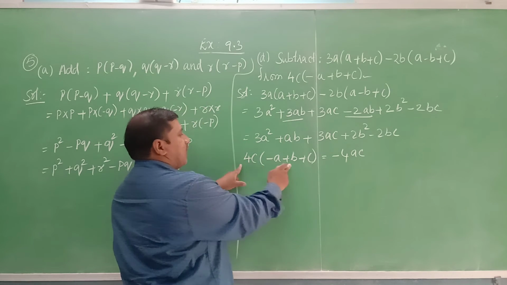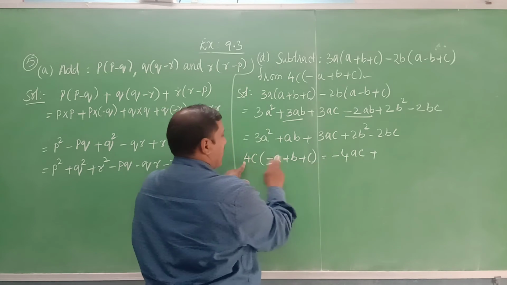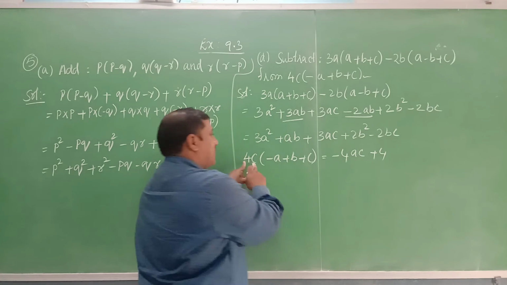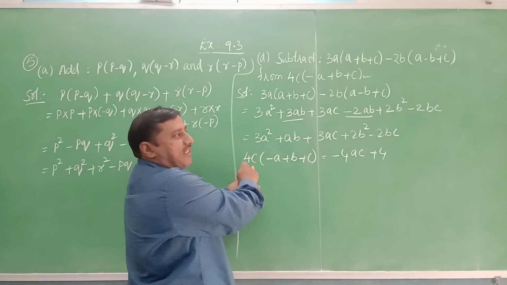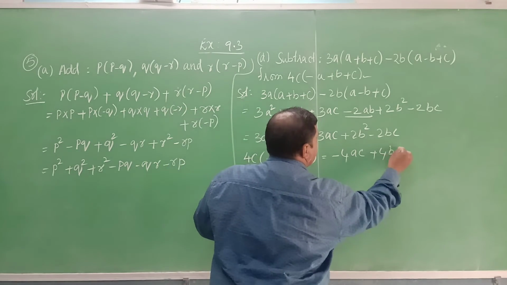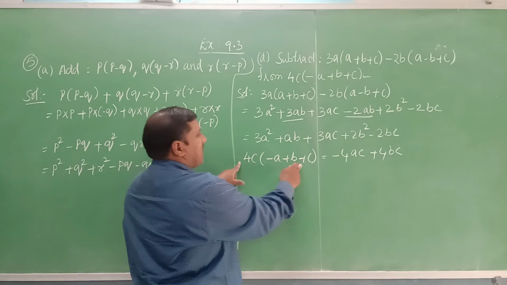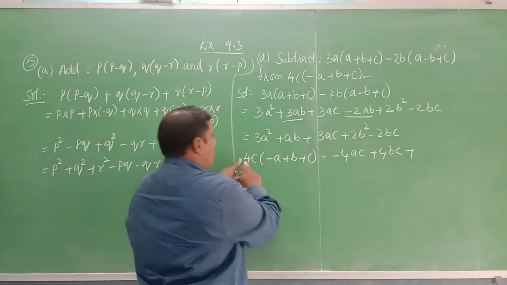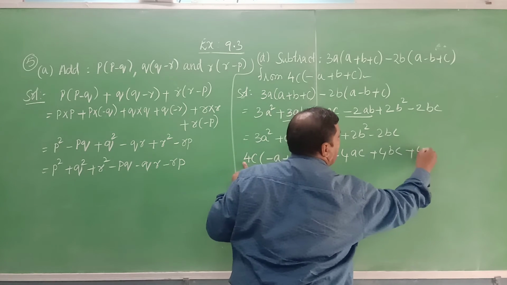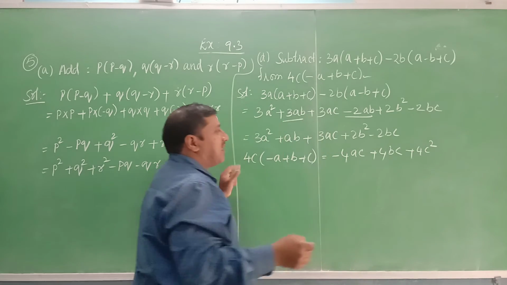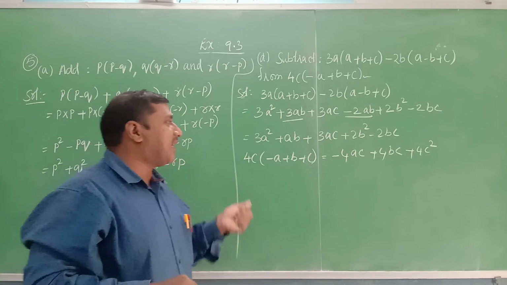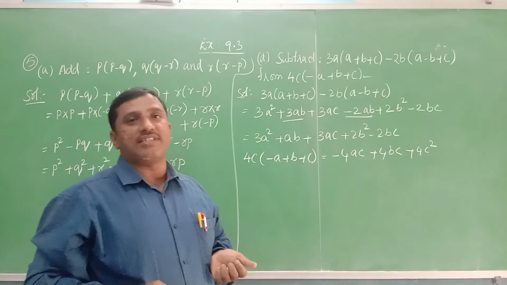Again plus into plus, 4 into 1 is 4, c into b is bc. Again plus into plus is plus, 4 into 1 is 4, c into c is c square. That is minus 4ac plus 4bc plus 4c square.